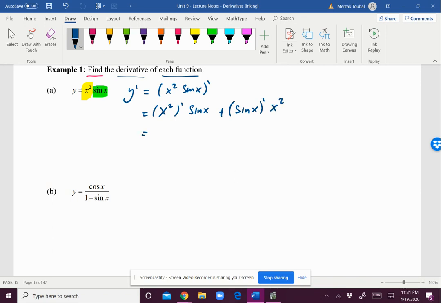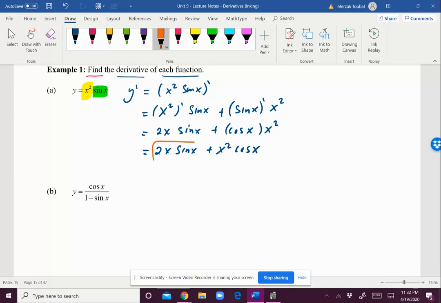What is derivative of x squared? That's 2x times sine of x. What's the derivative of sine? That's cosine times x squared. So it's 2x sine of x plus x squared cosine of x, and that's the derivative.